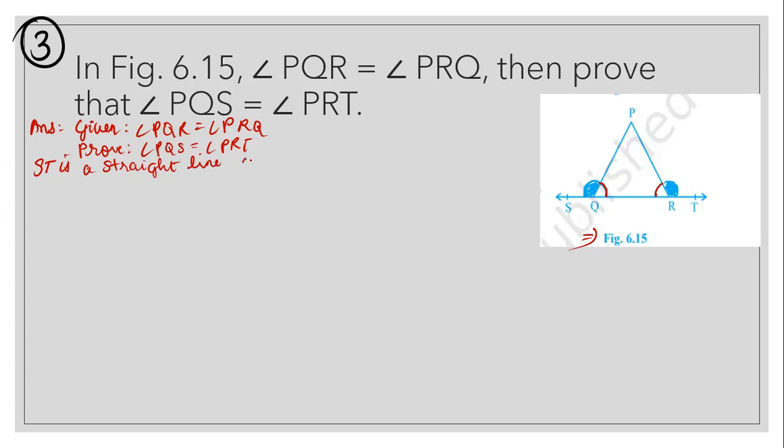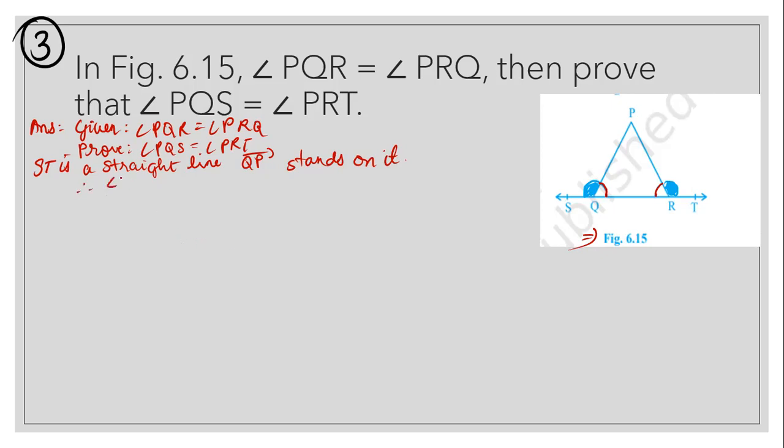And ray QP stands on it. Look at the figure when I'm talking about such things. Ray QP stands on which line? ST, absolutely. So pay attention. ST is a straight line and ray QP stands on it.